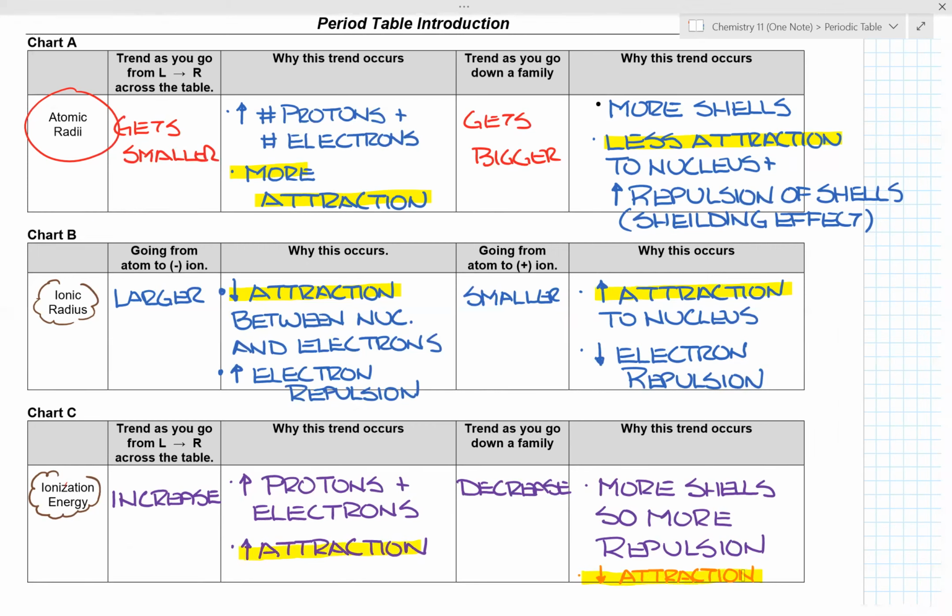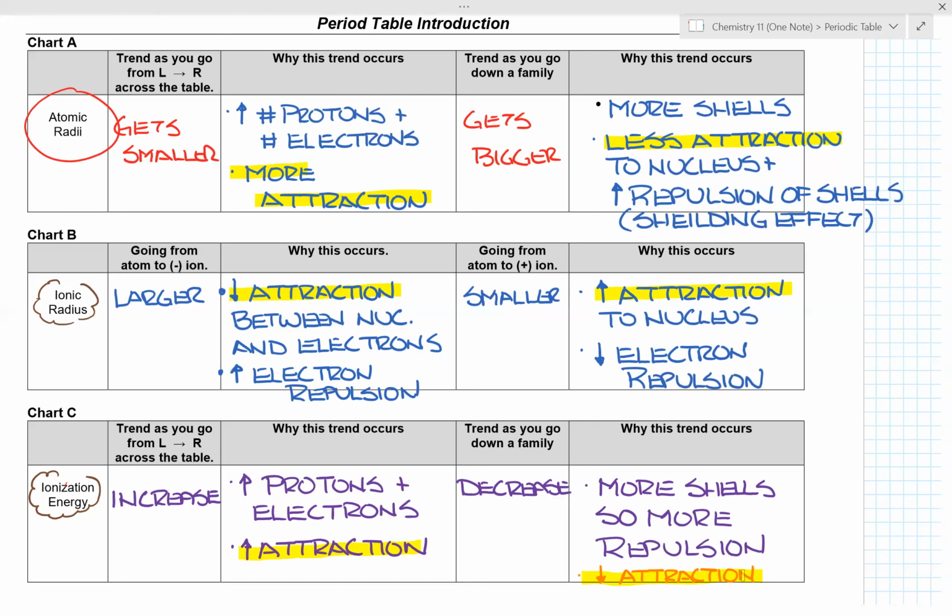Take a look at the commonalities between chart A, chart B, and chart C. If you notice a pattern, it's all about attraction: what is happening between the protons in the nucleus and the electrons of the outermost shells?